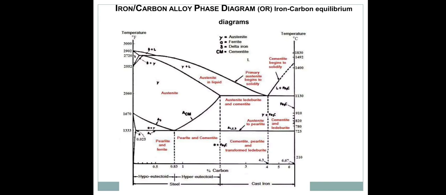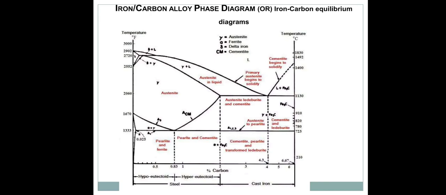If the alloy is slowly cooled from temperature B to C, the amount of pro-eutectoid ferrite formed will continue to increase until about 50% of the austenite is transformed. On further slow cooling up to 723 degrees centigrade, the remaining austenite will transform isothermally into pearlite.